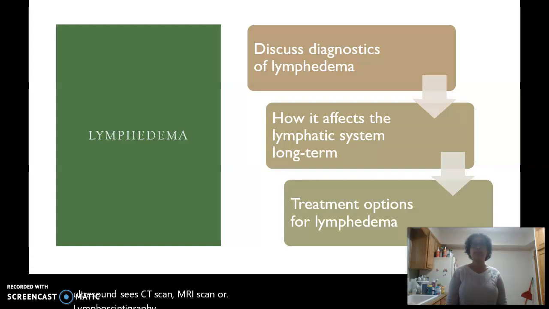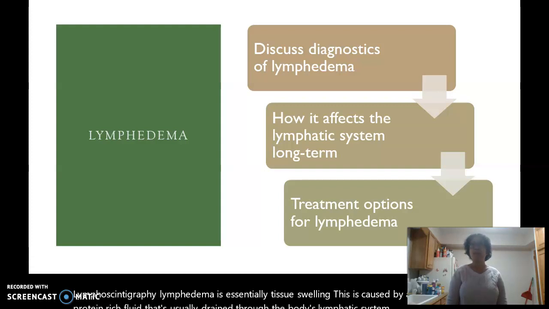Lymphedema is essentially tissue swelling. This is caused by accumulation of protein-rich fluid that's usually drained through the body's lymphatic system. It's primarily found in the arms and legs. However, it can also be found in the following: abdomen, neck, genitals, and chest wall.